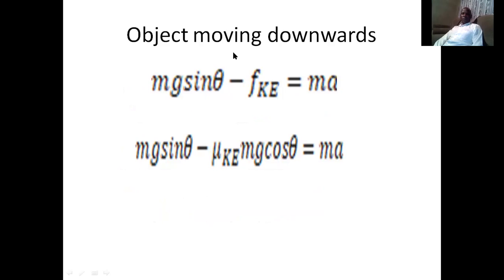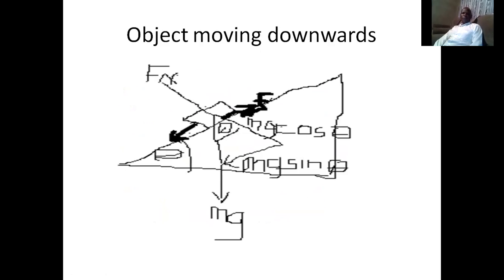If an object is moving downwards, we use again Newton's second law, which states that force is equal to mass times acceleration. This object is moving, meaning that mg sin theta will be greater than this force in the opposite direction, and therefore we subtract it.